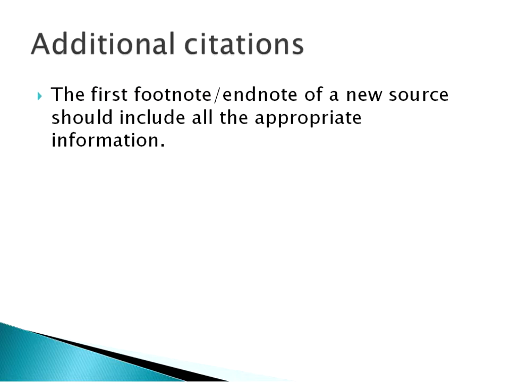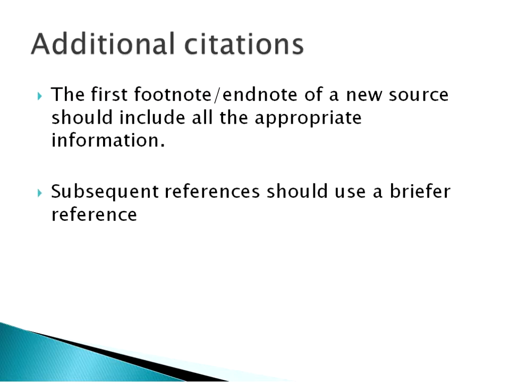The footnote should include the title, and if it's a journal, the journal title, all of those things in the very first reference. Any additional reference you make to that article should be briefer. You only need all of the information the first time you cite a source. After that, you use shortened information.